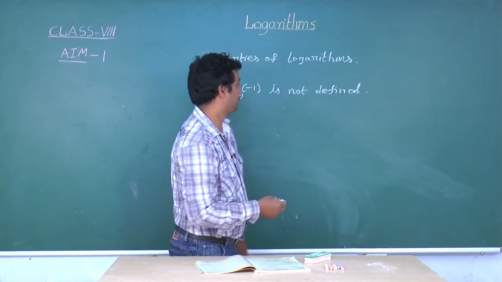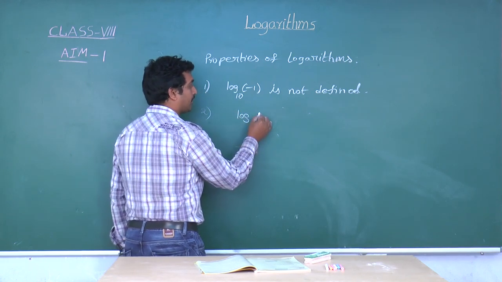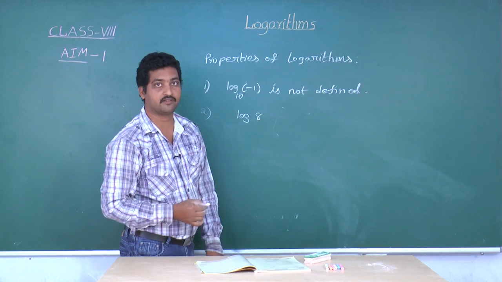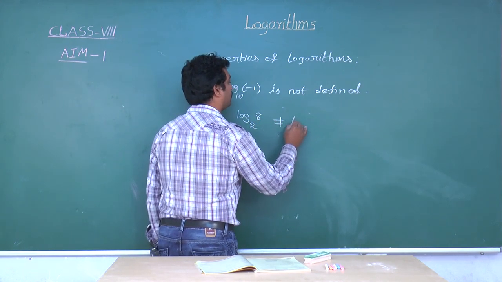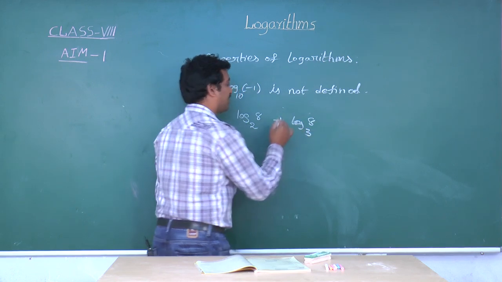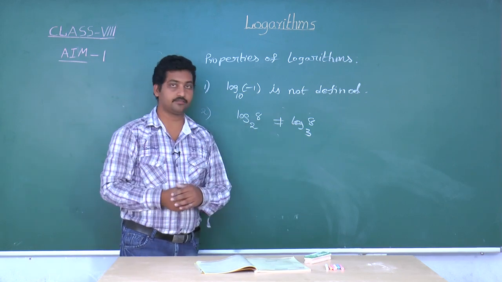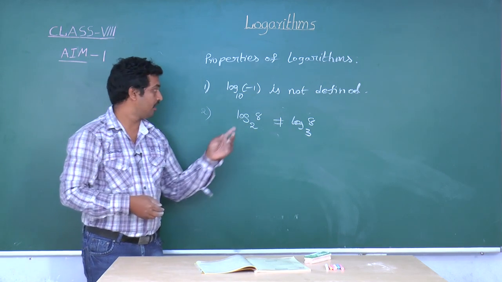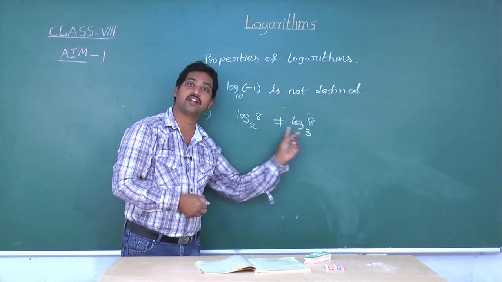Now come to the second property. Logarithms of the same number with different bases are not equal. Log 8 to the base 2 is not equal to log 8 to the base 3. These two are not equal. Here what do you observe, children? The logarithm of the same number, log 8, is there, but the bases are different.